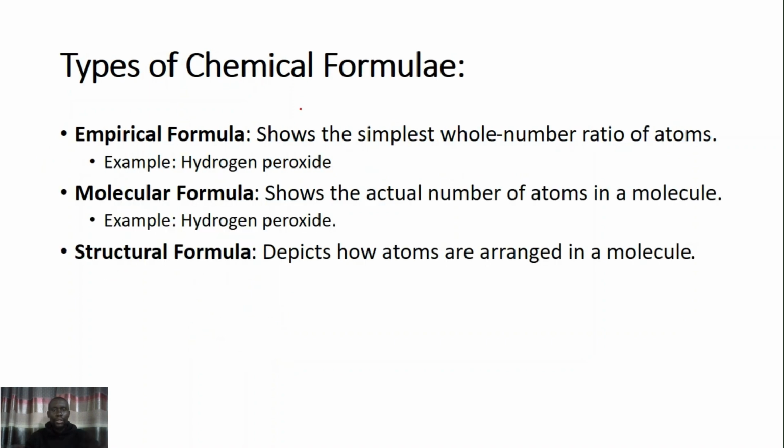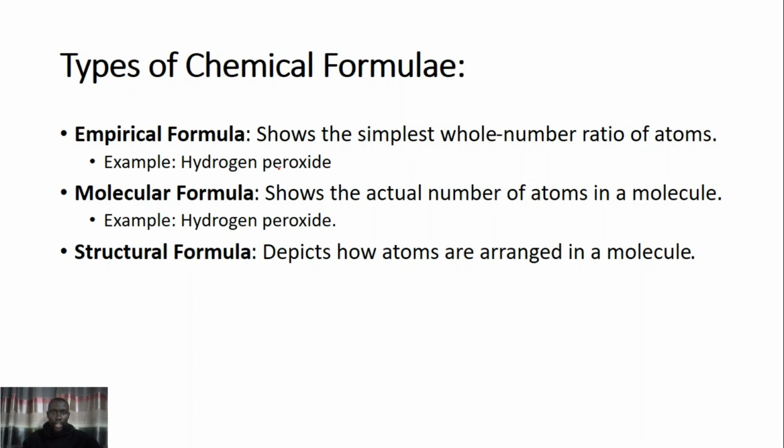There are three types of chemical formula in chemistry. The first one is the empirical formula, which shows the simplest whole number ratio of atoms. That is, it shows the simplest ratio in which atoms of elements combine to form a compound, while the molecular formula shows the actual number of atoms in a molecule.